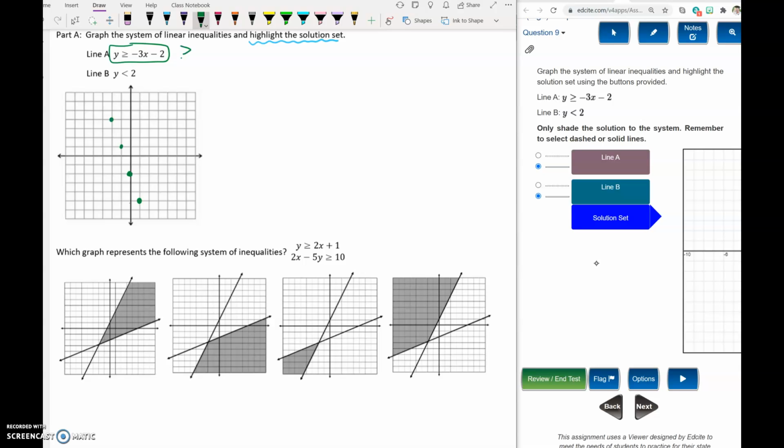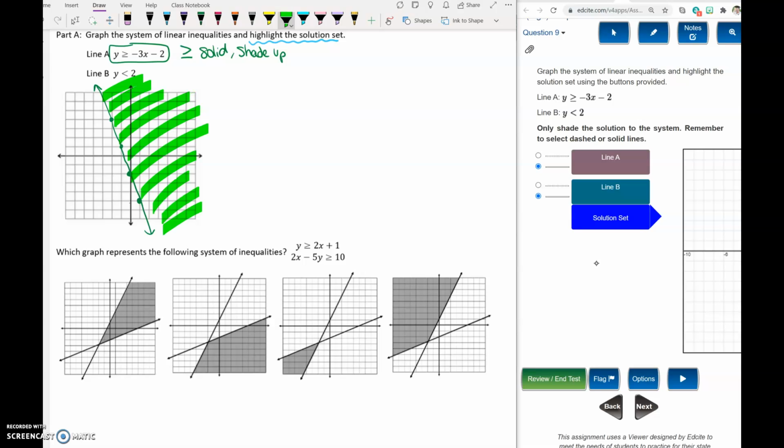This is greater than or equal to, which means we need a solid line. So I'm going to draw in a solid line. And greater than means we are going to shade up. So with green, I'm going to lightly shade up here.